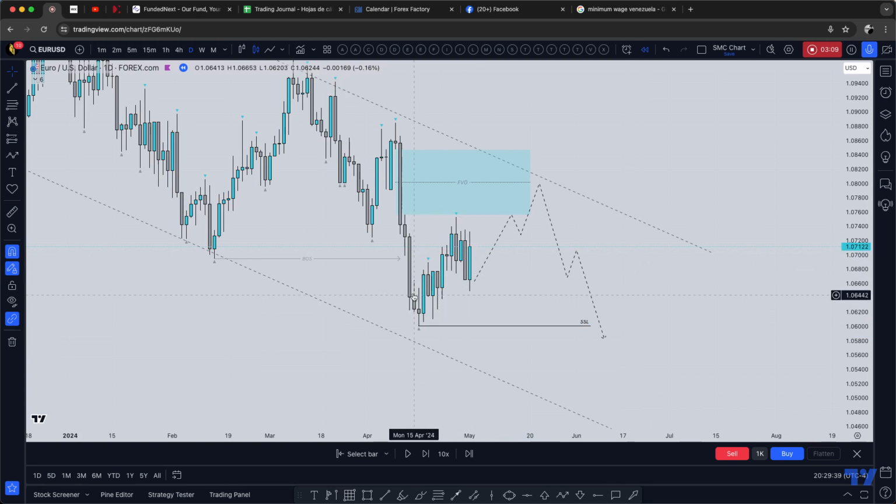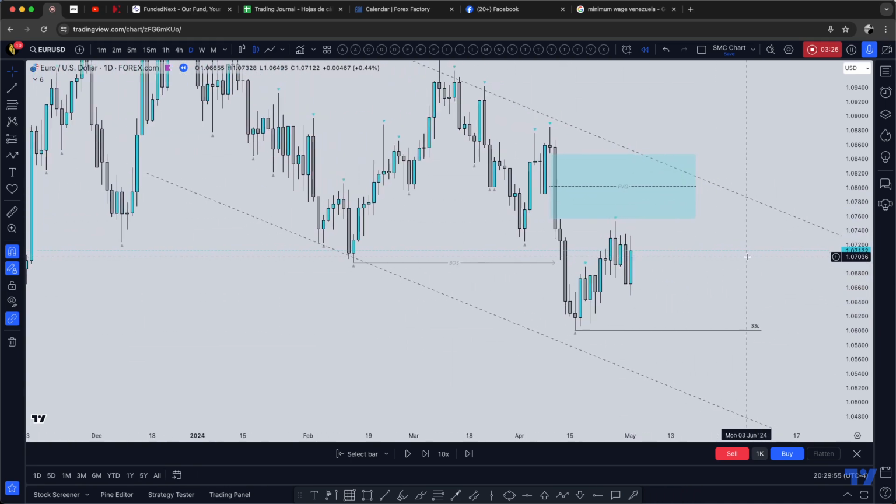So price swept external liquidity, back to internal liquidity, which are fair value gaps, and then from this internal liquidity we could be looking for sales back down to the external liquidity, okay? So that's the idea, right?